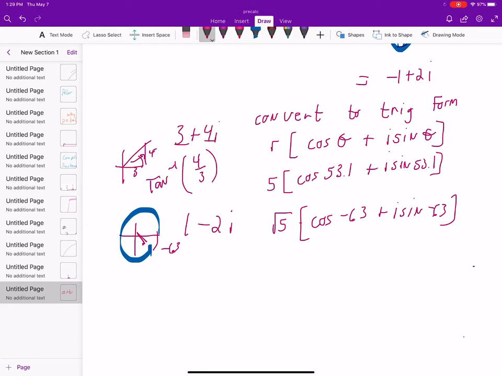Now somebody was asking about the division. A plus bi form, I did that. If you wanted to divide these in trig form, then you would take the first one, 3 plus 4i, and divide it by the second one, taking those two numbers. So we're going to go 5 divided by the square root of 5. I know we're not going to do it, but hang on. Then we're going to subtract the angles.